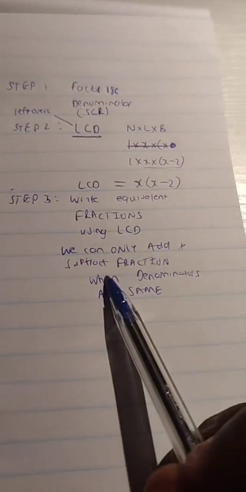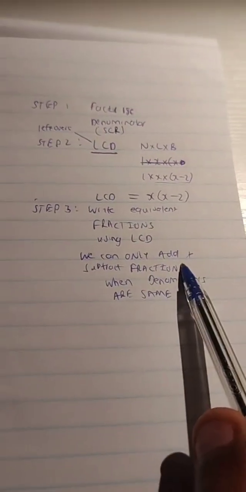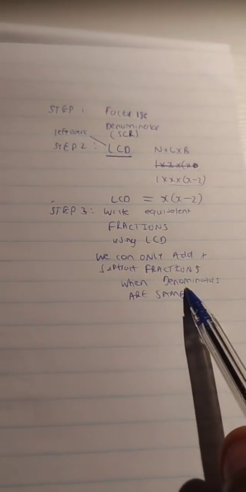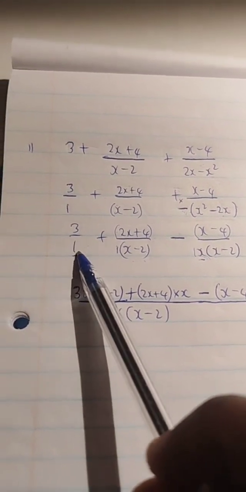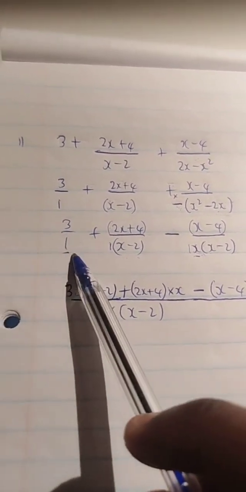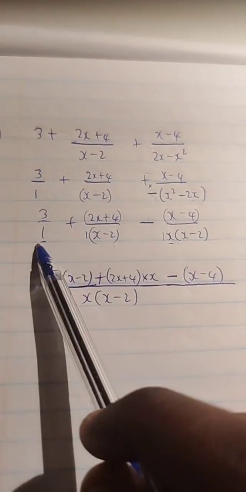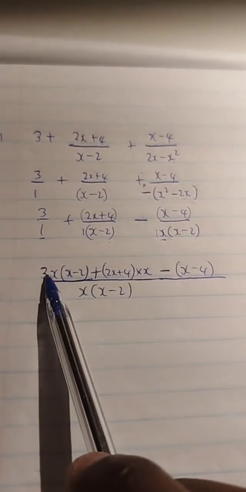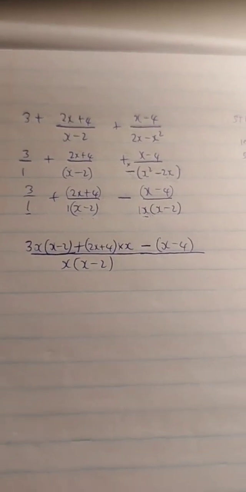This only applies to addition and subtraction of fractions. So that is why the LCD is important. It gives us the chance to change the current denominators of the fractions to be aligned with the LCD so that addition of the numerators can take place.